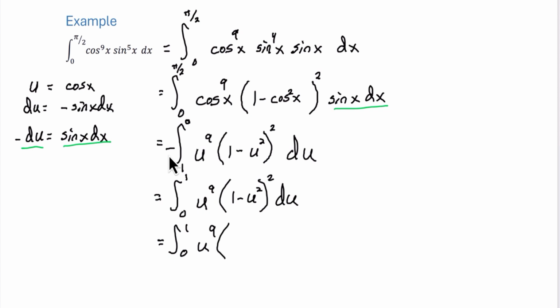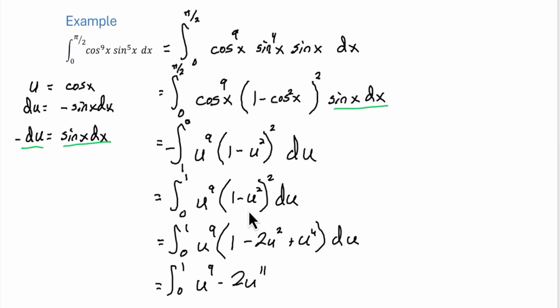We're squaring a binomial, so we need to square the first, that's just 1, double the product, that will give us minus 2u squared, then square the last term, that will give us plus u to the 4th. Still du. Next, we can distribute. We'll get u to the 9th minus 2 u to the 11th plus u to the 13th du.